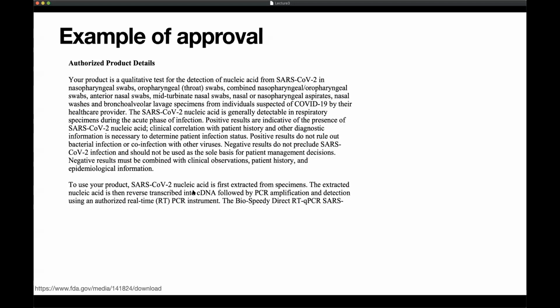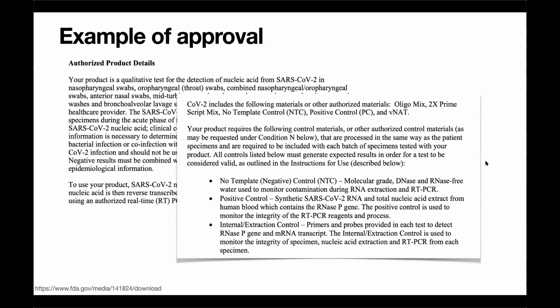Then there's a specific set of requirements for this test to be used. So to use your product, SARS-CoV-2 nucleic acid is first extracted from specimens. The extracted nucleic acid is then reverse transcribed into cDNA, followed by PCR amplification and detection using an authorized real-time PCR instrument. There are specific types of lab supplies and instruments you're able to use. And then a lot of these tests, in order for them to work properly, you need to have positive controls, negative controls, internal extraction controls.